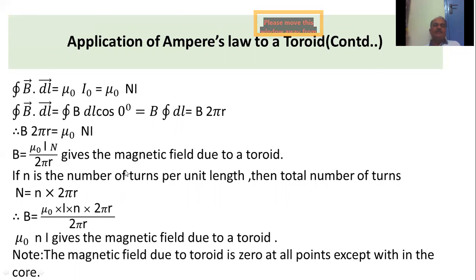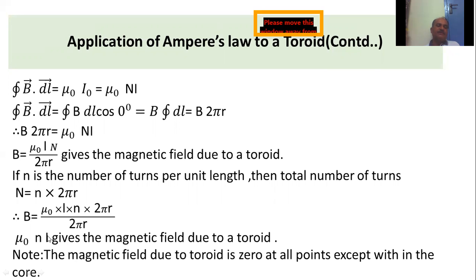If n is the number of turns per unit length, then the total number of turns, capital N, is equal to n into 2 pi r. So in this equation, you substitute the value of capital N, then it becomes mu naught n I into 2 pi r divided by 2 pi r. So this 2 pi r gets cancelled.